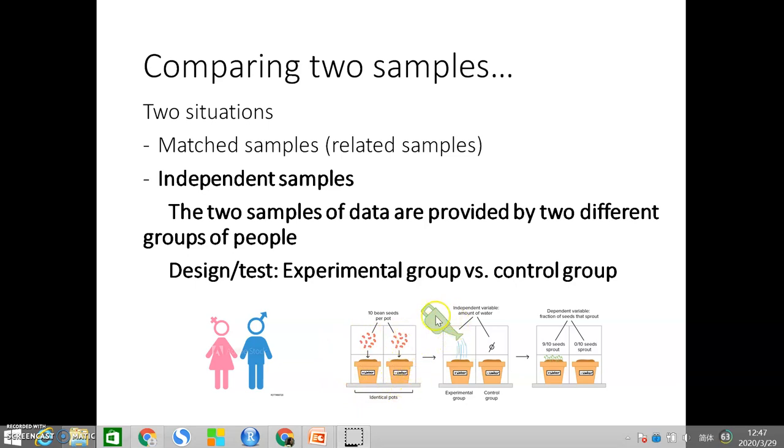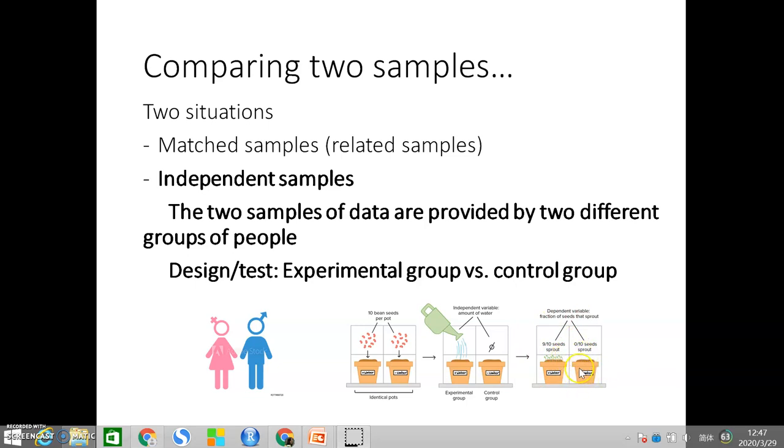And then we're going to water this experiment group regularly. So this water is actually our treatment. And this control group, we do nothing to it. After a while, we're going to see whether this experimental group has more seeds sprout compared with this control group.